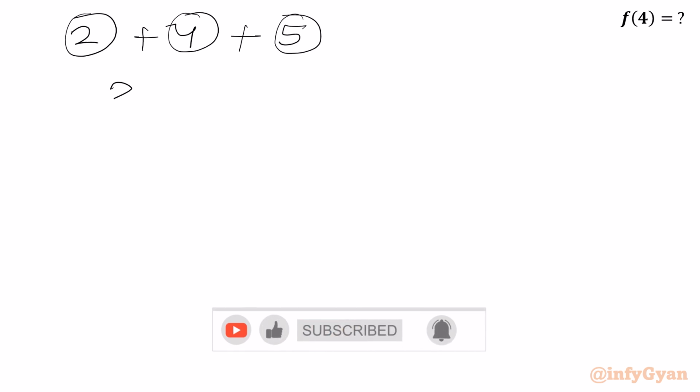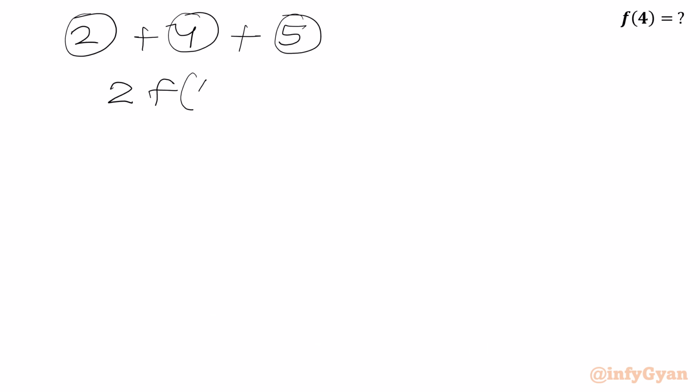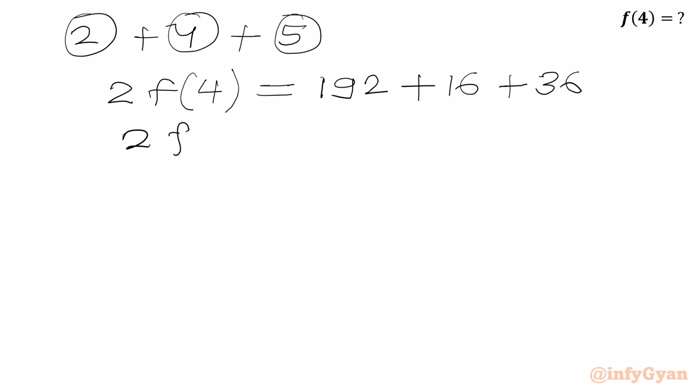We will get 2 of f of 4 as our LHS. Now RHS will become 192 from equation 2, then plus 16 from equation 5 and equation 4 will give us plus 36. So we will get twice of f of 4.